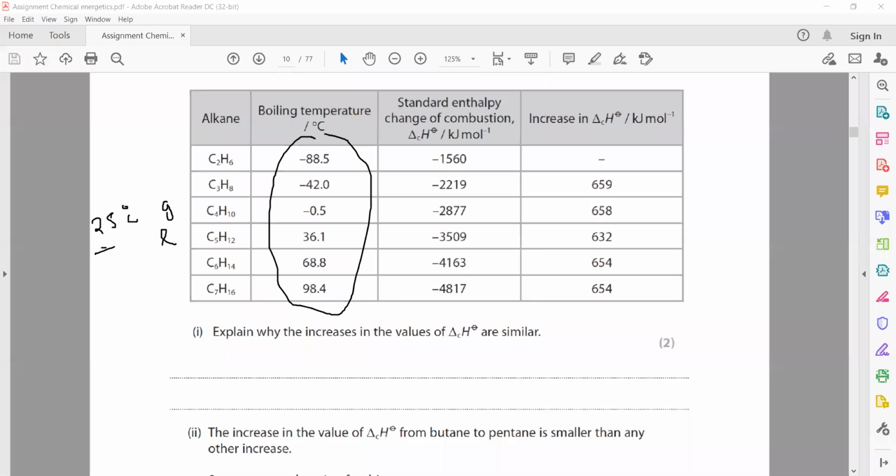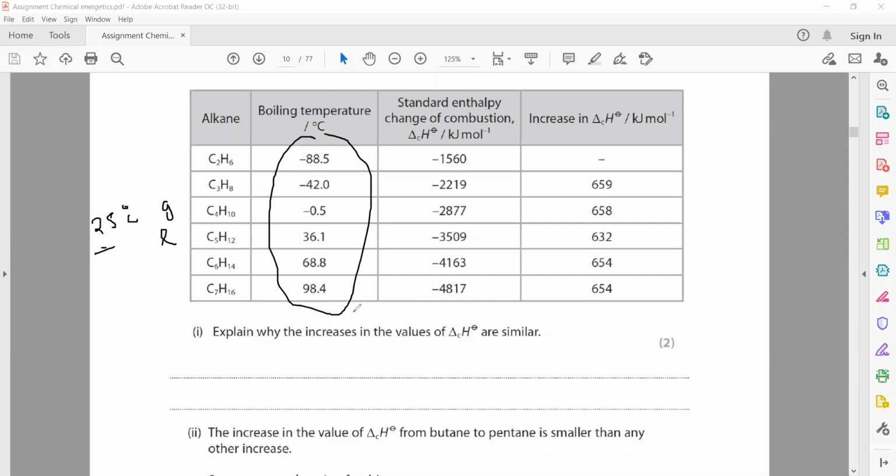Normally a liquid needs energy first to vaporize and then burn. That is why some energy released during combustion is absorbed by the pentane to convert from liquid to gaseous state.